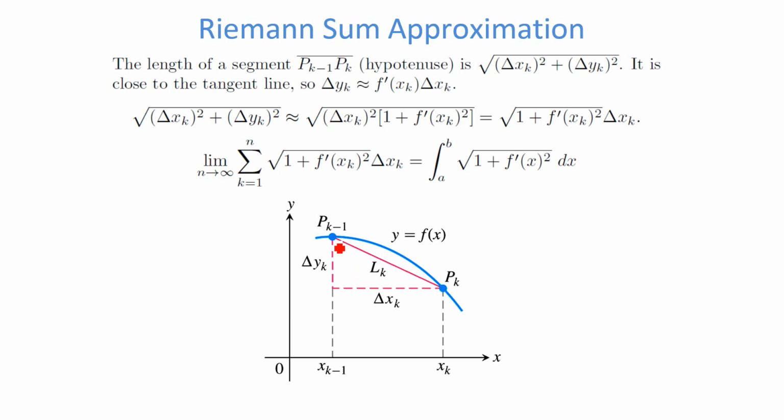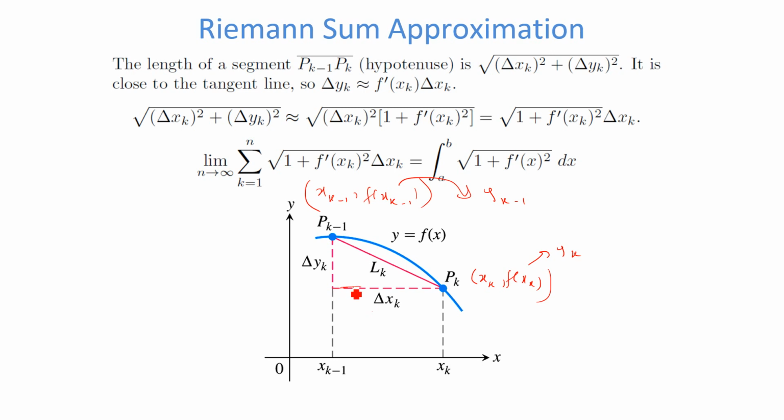Now, if we draw perpendicular lines from these points, we have this point x_k, f(x_k), and then we have this point x_{k-1}, f(x_{k-1}). Or you may say this is y_k, and this is y_{k-1}. So the length of this interval is delta x_k.